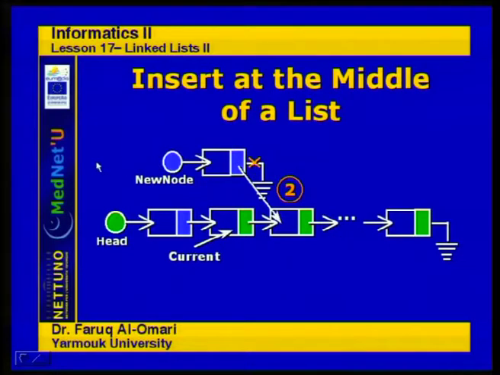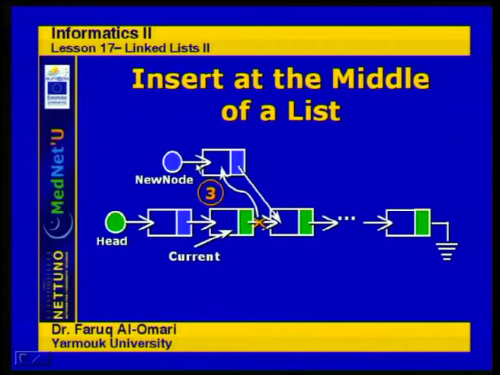So this way, this whole list is now recognized through this new node pointer, so I'm not going to lose it. So instead of this pointing to null, I'm going to make it point to the next node. And then after that, since this whole thing now is in hand, I can now migrate this pointer to point to new node.